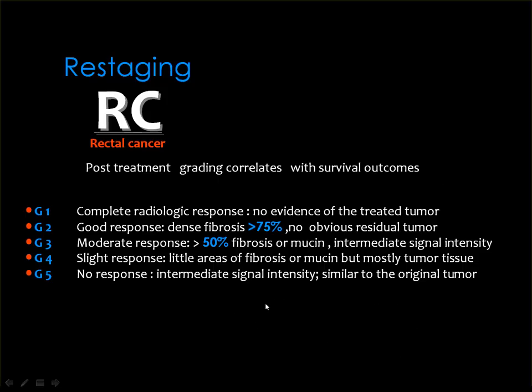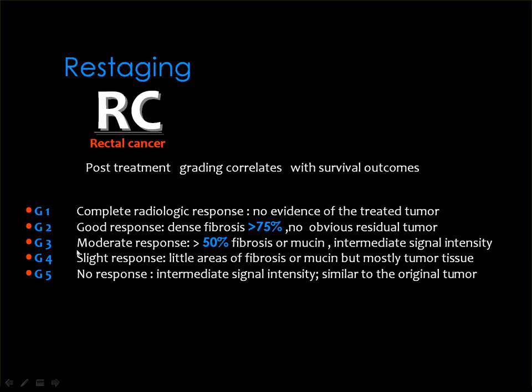This is also present on the internet, and they said that grade 1 means complete radiologic response to chemoradiation with no evidence of the treated tumor. Grade 2, good response with dense fibrosis more than 75%.